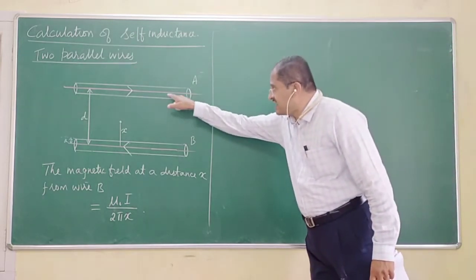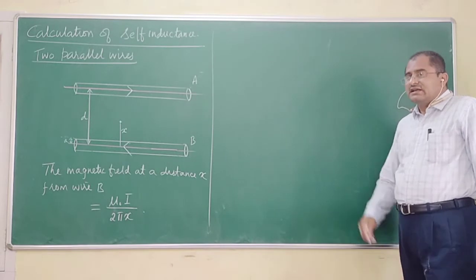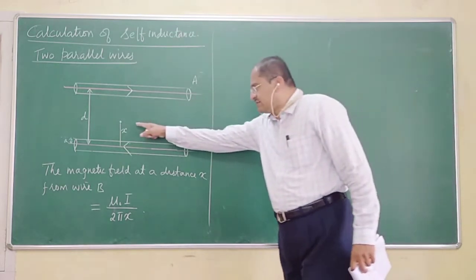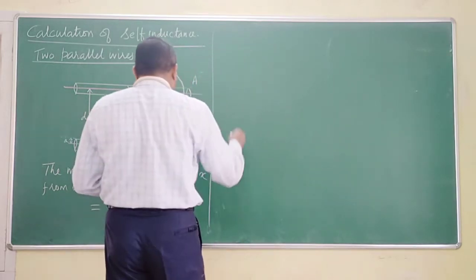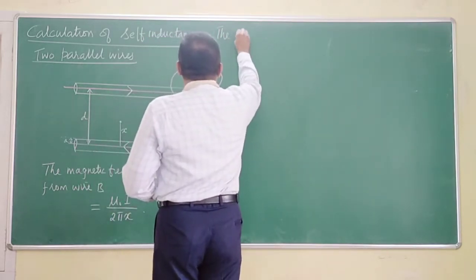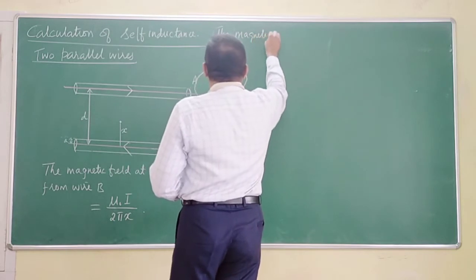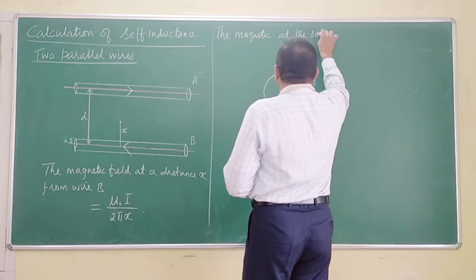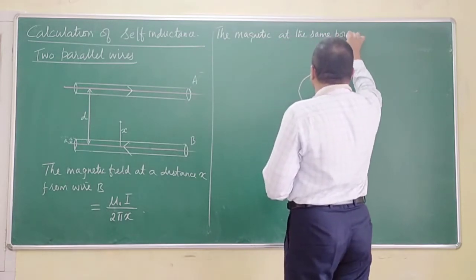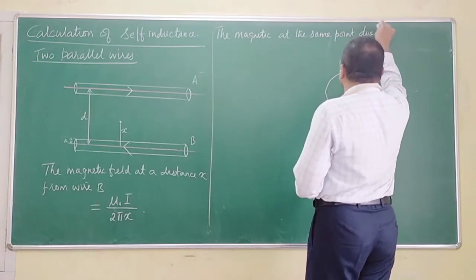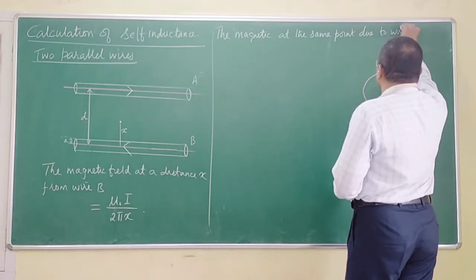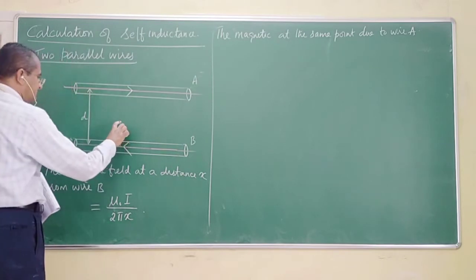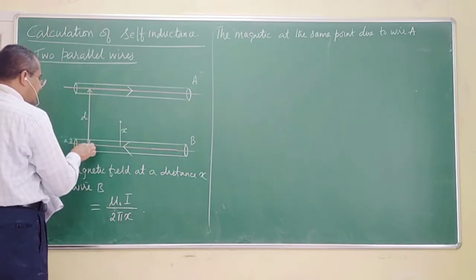When current is flowing through A, it will also produce a magnetic field at this point. Therefore, the magnetic field at the same point due to wire A: this distance is x, the entire distance is d.